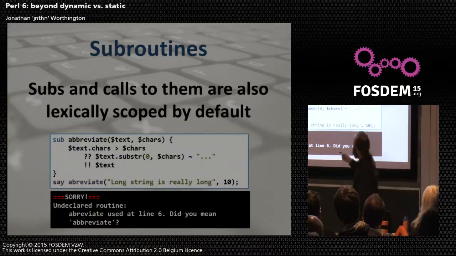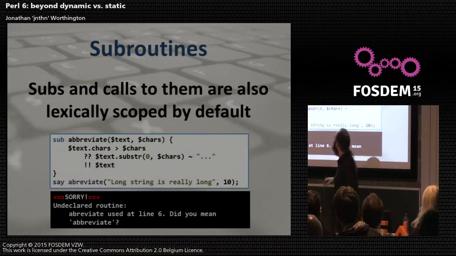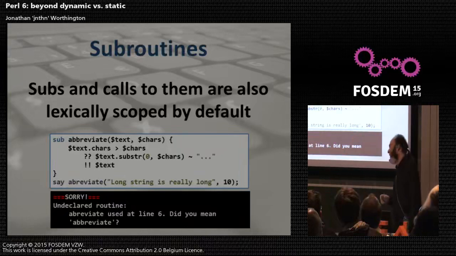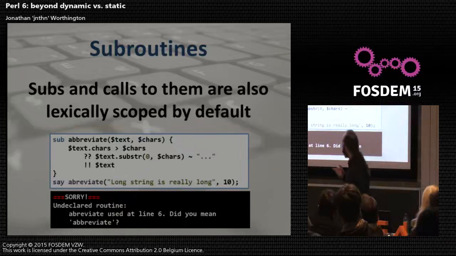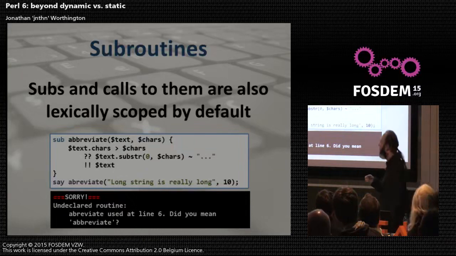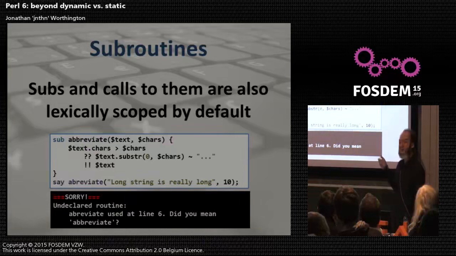So when you call a subroutine, we look for it in the current lexical scope. And if we don't find it, at the end, we come back to you and say, by the way, you used this abbreviate, spelt in a kind of abbreviated way, at line 6 there. Did you mean abbreviate spelled properly? Okay. So this is just another place where, by saying subroutines are lexical by default, we'll look them up as lexicals. We get a whole lot of abilities to point stuff out at compile time.